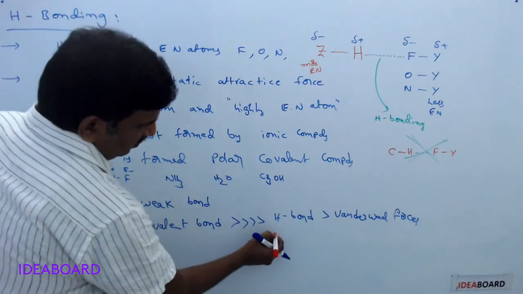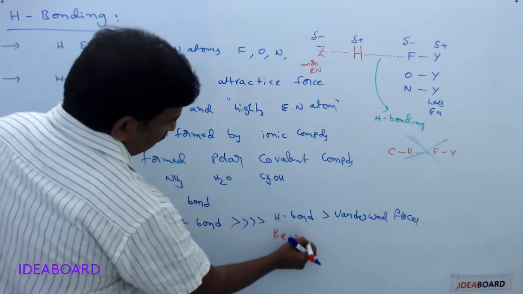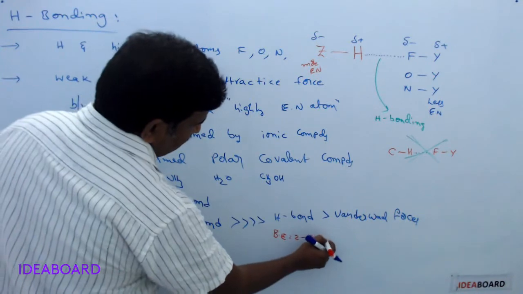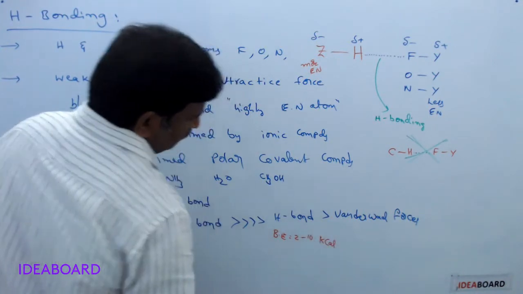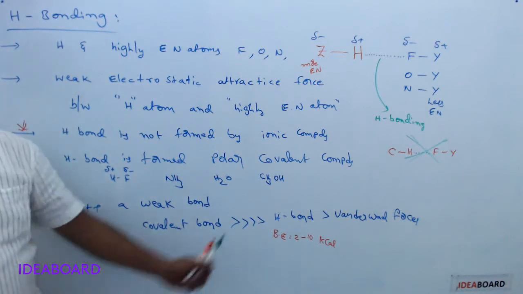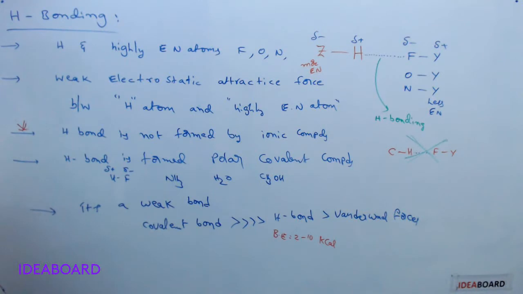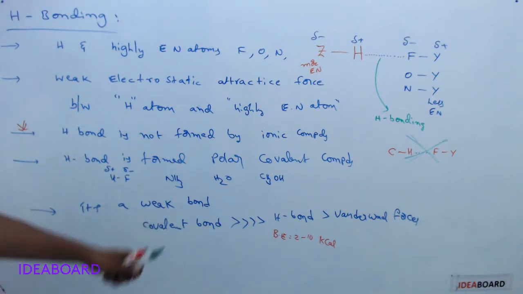Hydrogen bond energy is 2 to 10 kilocalories, or nearly 8 to 42 kilojoules per mole. That is the hydrogen bond energy.